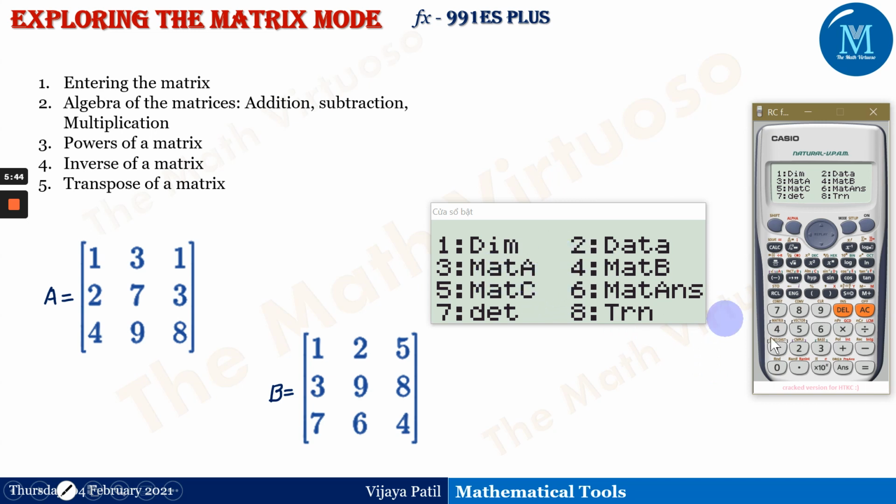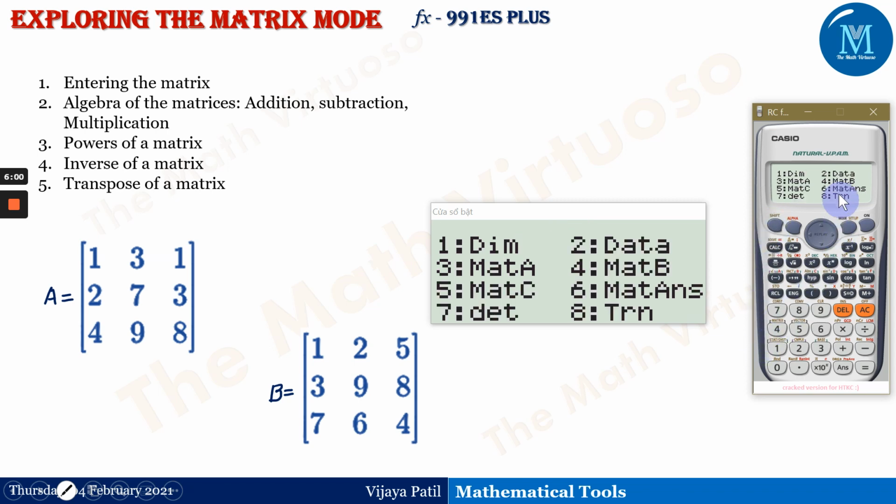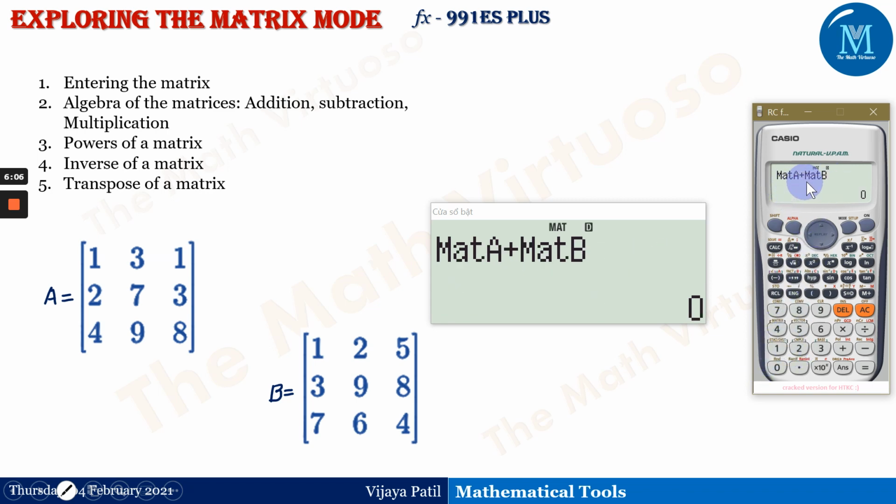I want Mat A, so 3, I have got Mat A, but I need the addition of Mat A and Mat B, A plus B. So plus, I need now Mat B. So Mat B needs to be called with Shift 4. This Mat B is there at number 4. So 4. I have got Mat A plus Mat B equals to.